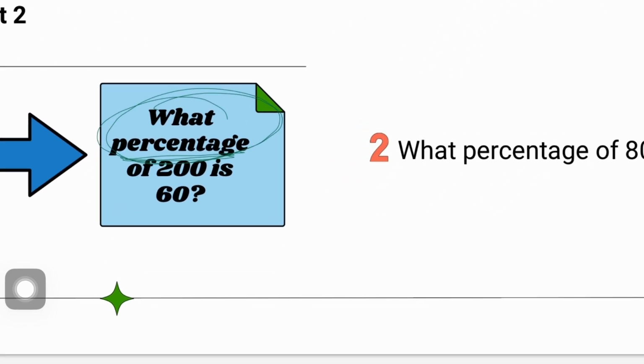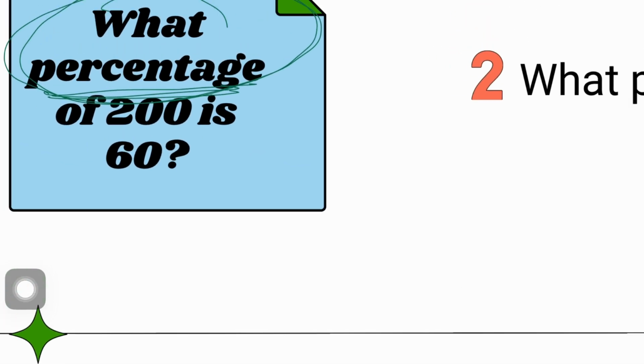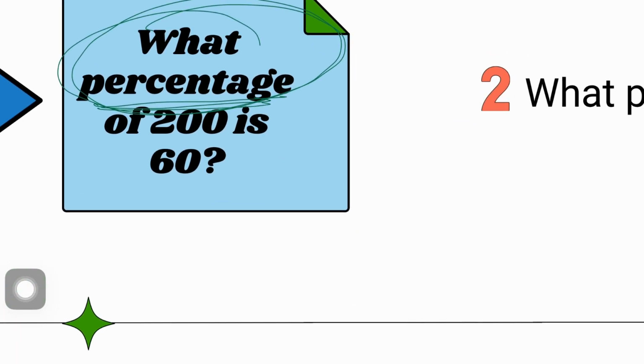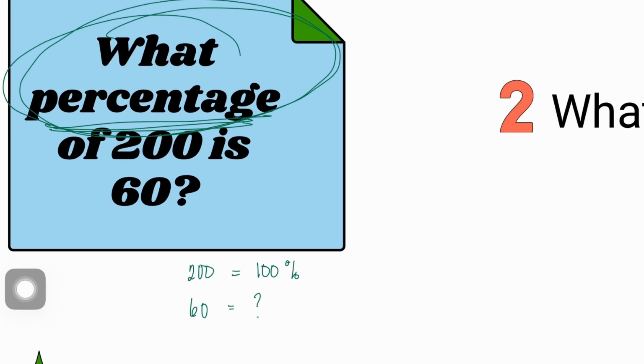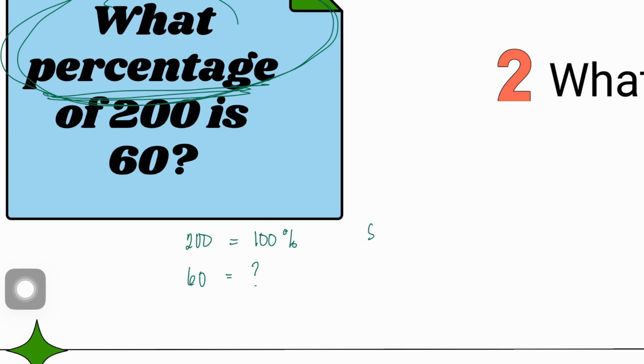Let's try to solve the first example. What percentage of 200 is 60? So our 200 here is your 100%. Your 60 is your question mark. Since 200 is your 100%, we have to divide 60 by 200 times 100. This is how we solve for it.